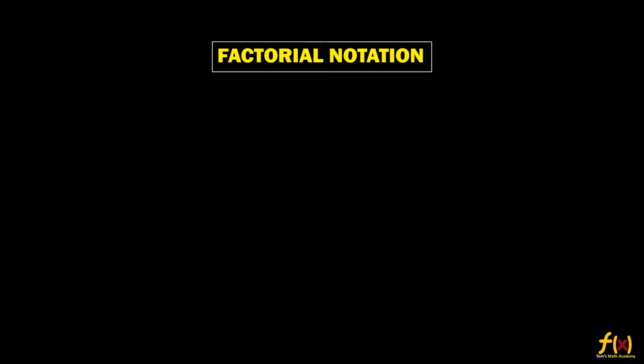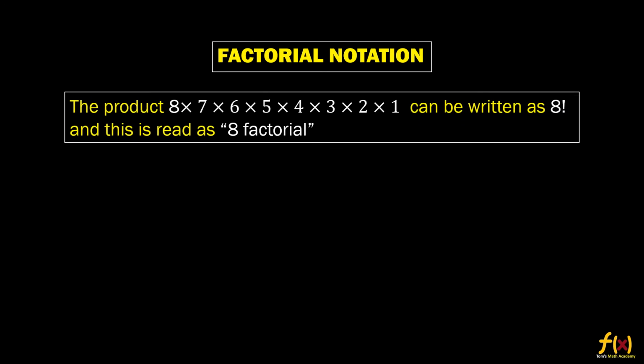Factorial notation, another notation in probability for easy calculation of the numbers. Look at this. 8 times 7 times 6 times 5 times 4 times 3 times 2 times 1 can be written as 8 factorial. We read it as 8 factorial.